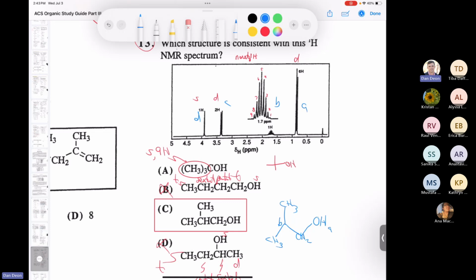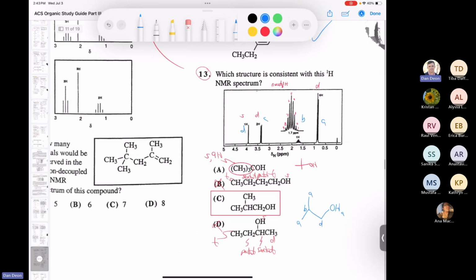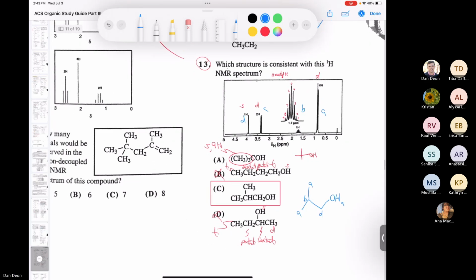N plus 1, you get 8 neighbors, plus 1, you get a nonet. Then you have the doublet that integrates for 6, so that would be these ones, the A protons, and then the D protons would be the methylene, which gives you the doublet. So that would be what? Isobutyl alcohol would be the name of that compound.